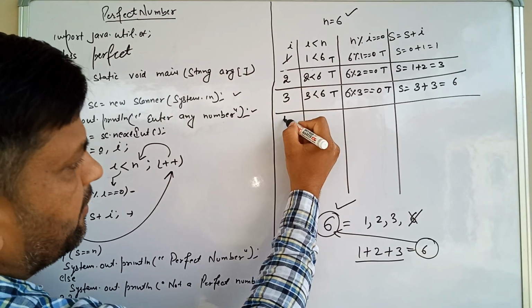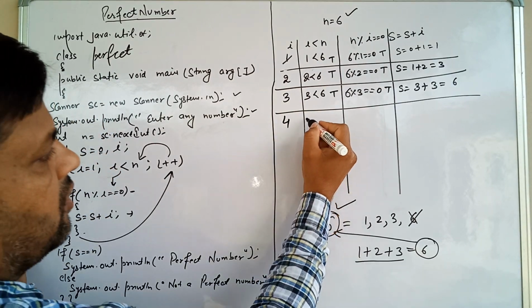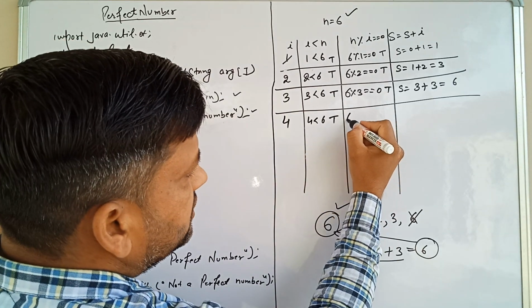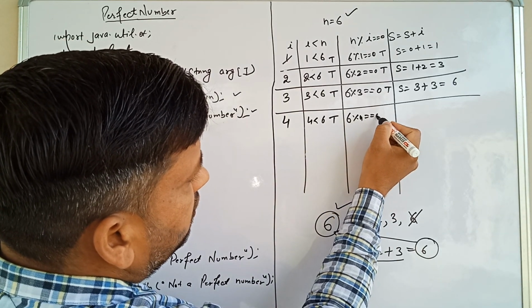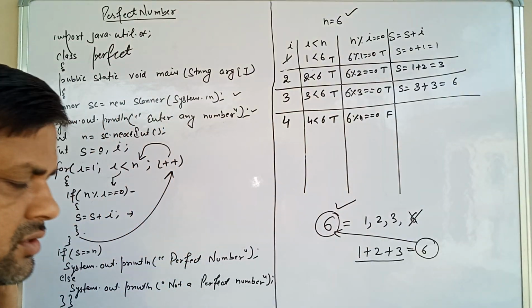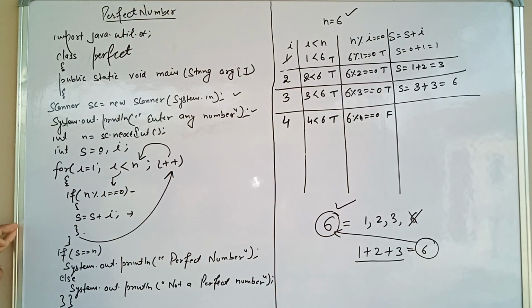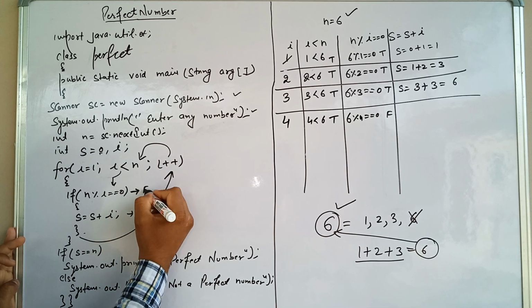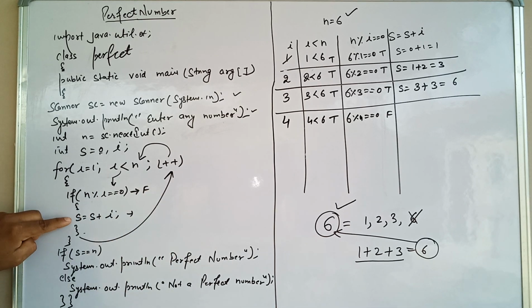Now again i will be updated. i will be 4. Now 4 less than 6, condition true. Now 6 mod 4 is not equal to 0, condition false. This is a very important step. When this condition is false, this part will not execute.